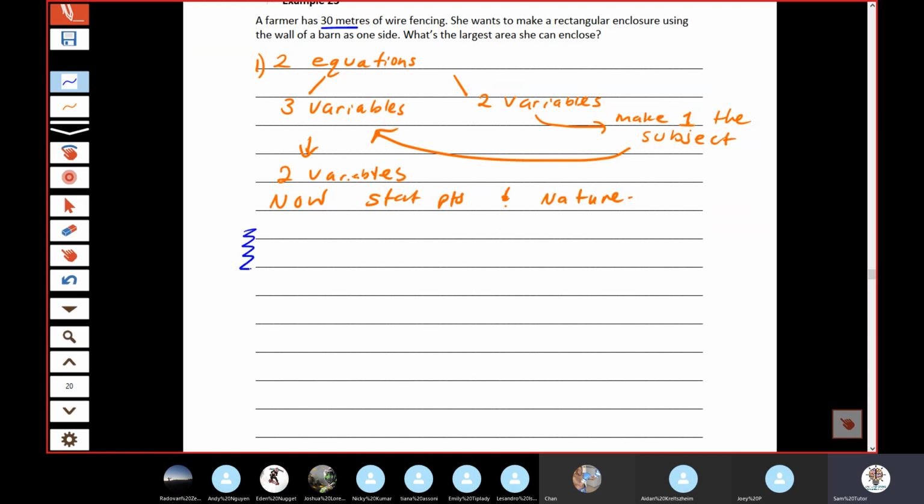So there's the wall that's already there. That's already gone. So we don't need to include that. And you want to make a rectangle. Can we see that happening? What is the largest area she can enclose? That's all it says. All right.